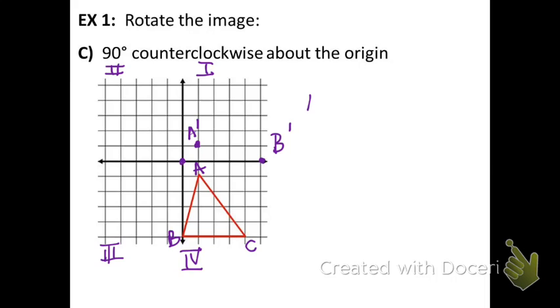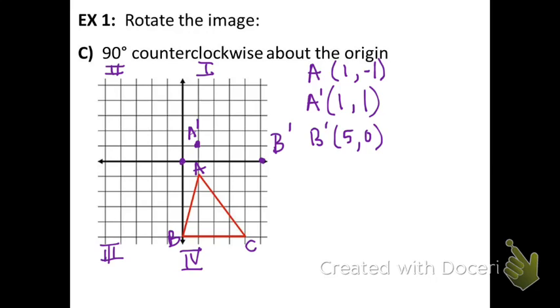We're going to go ahead and identify these points. A prime is 1, 1. B prime is over 5, up 0, and I'm going to compare A prime and A. A, I'll write it above, was located at 1, negative 1, and I don't know if this is the best one to compare, but by this time they started to figure out the rules.